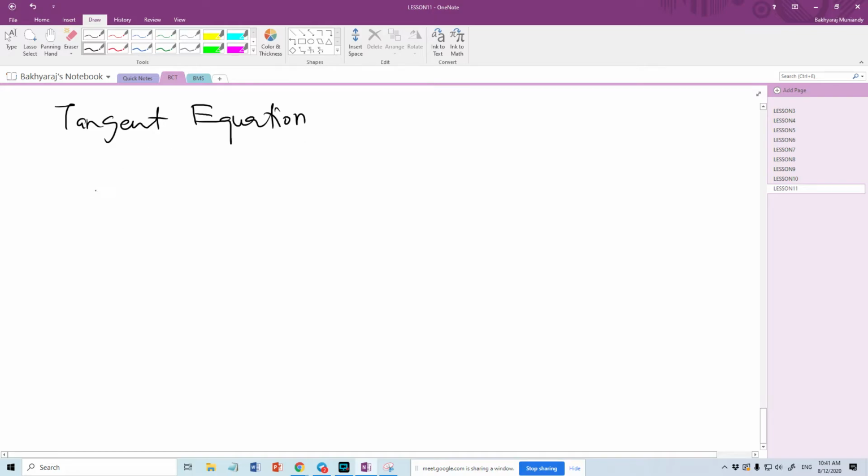So kita kena tahu gradient is actually dy dx. Ini yang kita kena faham. Okay, so to find tangent equation, we need to get gradient, and gradient itself is dy dx. Okay, so ini yang kita kena faham.